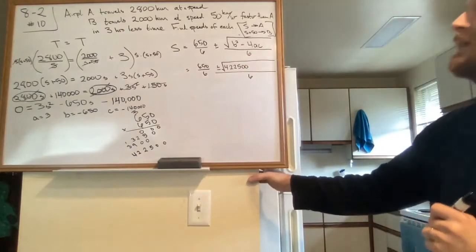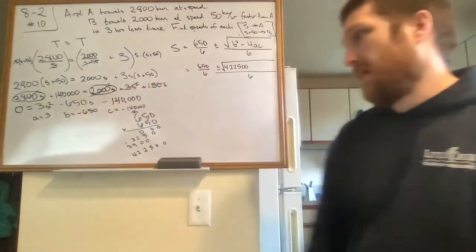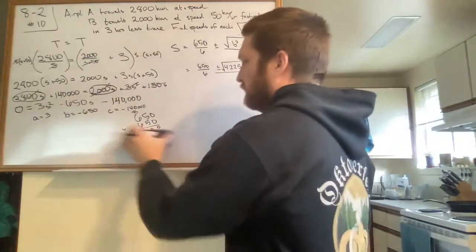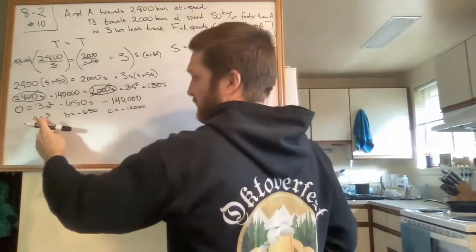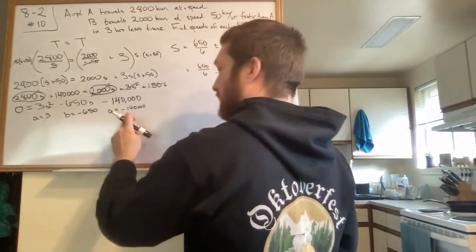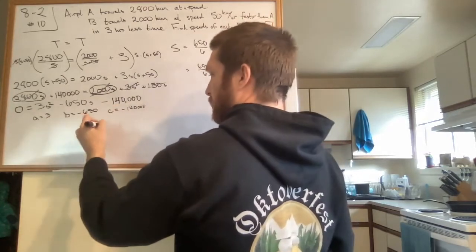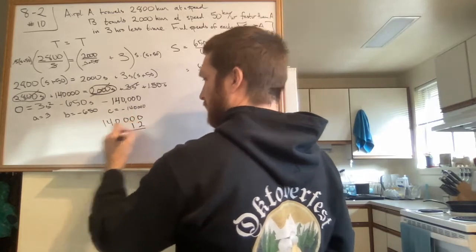Okay, 4 times A times C. 4 times A is 12. Yeah, 4 times A is 4 times 3, which is 12. 12 times C, 1,400,000 times 12.